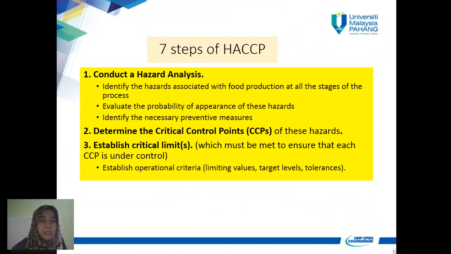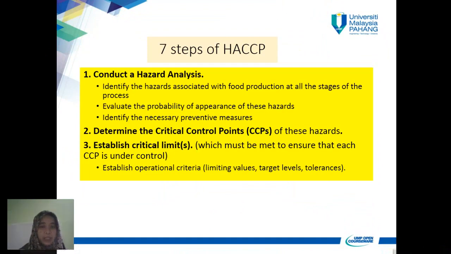Okay, for the HACCP, first conduct a hazard analysis. So for example, if the production has 10 steps, then you have to identify the hazard at each of the 10 steps.